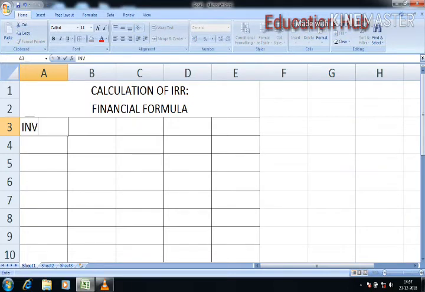Now here I am investing something. Suppose some person is investing rupees. Investment is an outflow, that means it goes from our side, so it should be negative. Then I give 25 lakhs.